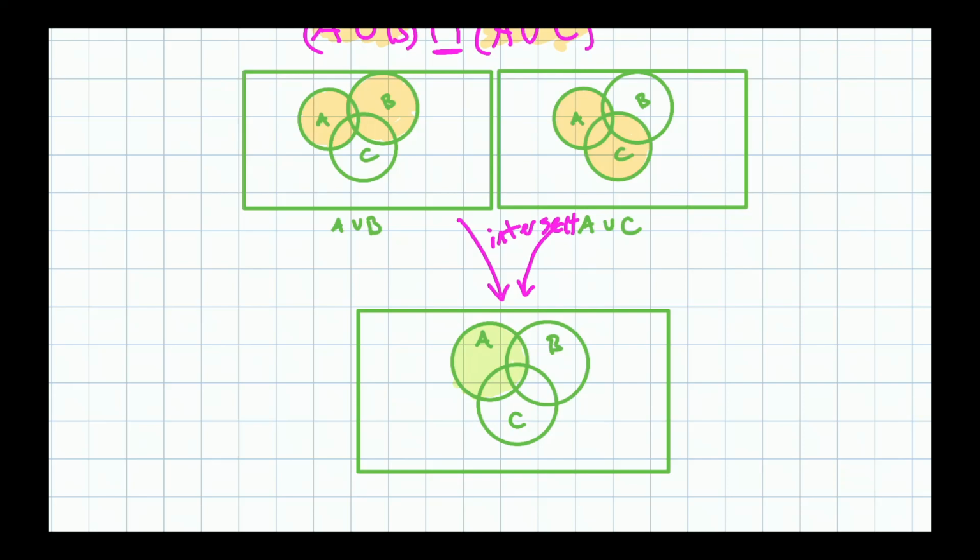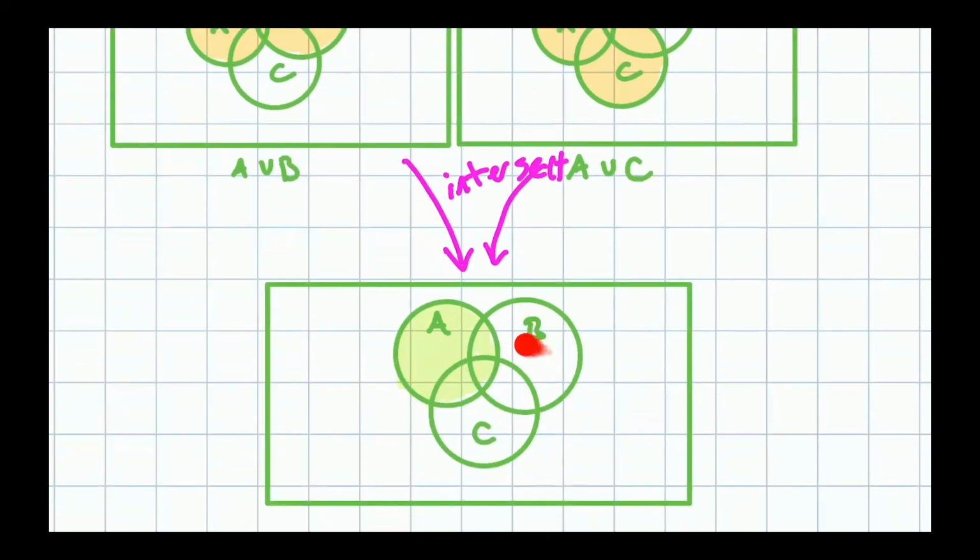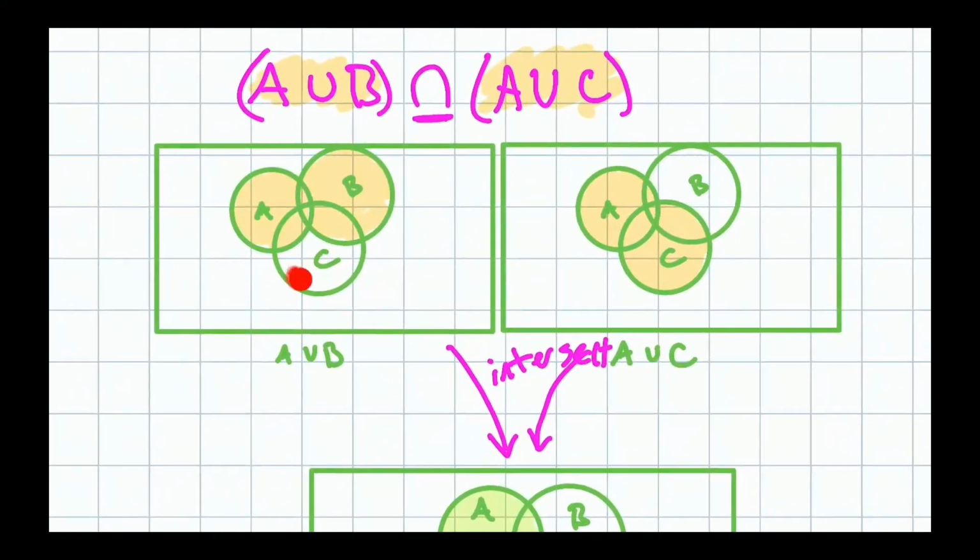Well, hopefully if you look closely, you'll realize that this section here is not included in this set. So that means this section has to be blank over here. And down here in C, this is not included in the first set.